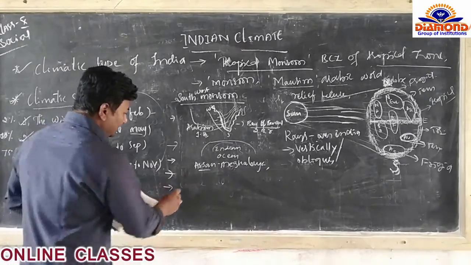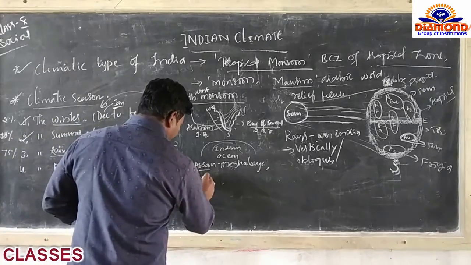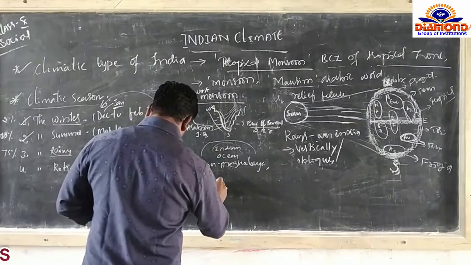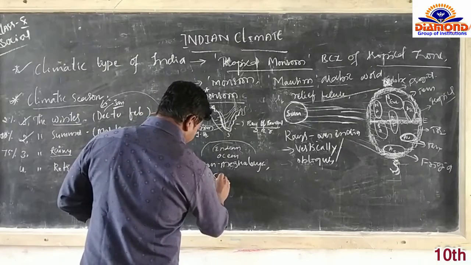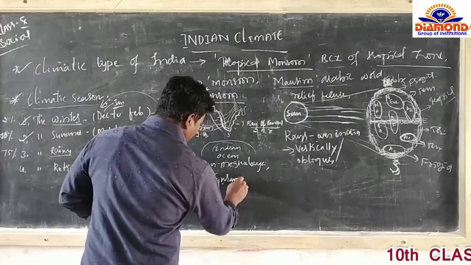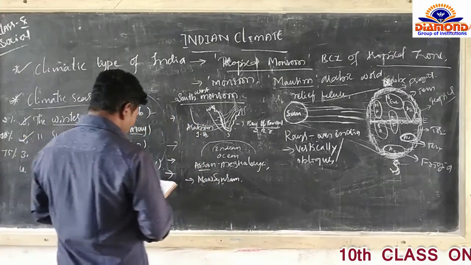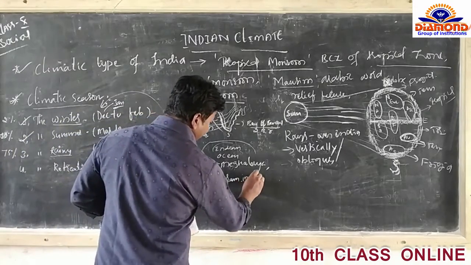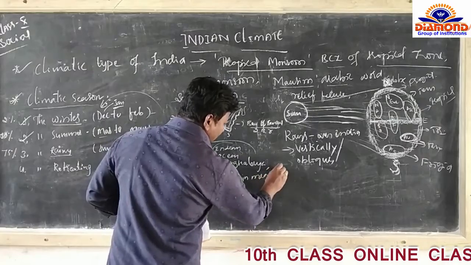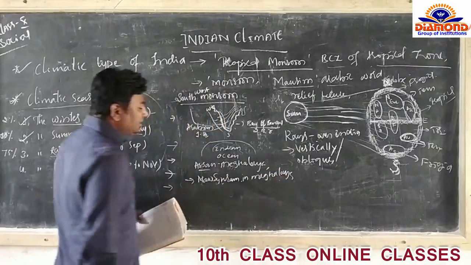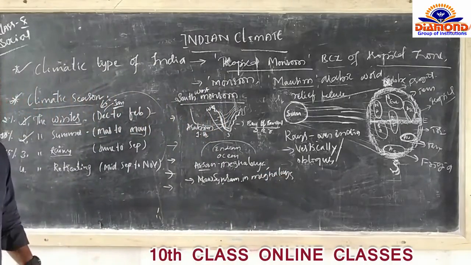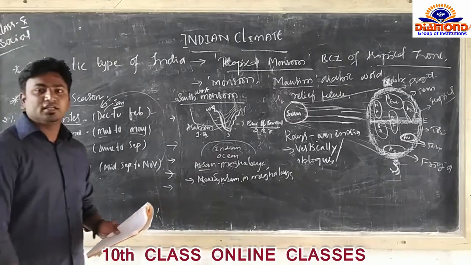The monsoon in Meghalaya is receiving the highest rain.